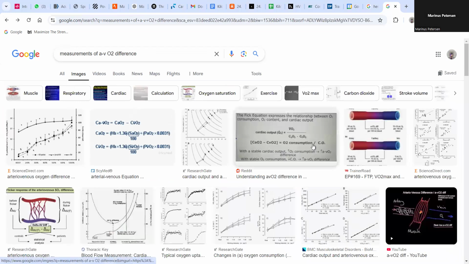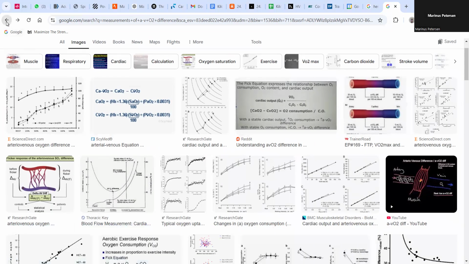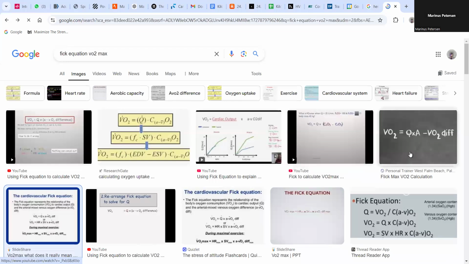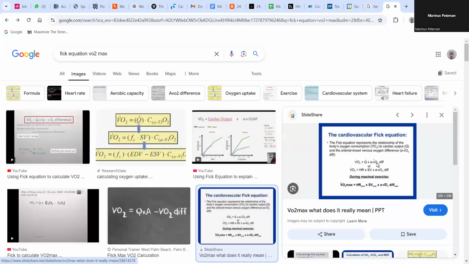So we go back to our Fick equation again. What our low intensity volume does is it works on this AVO2 difference part, the VO2 max. Your heart can be delivering as much, your stroke volume can get as big as you want, but if that blood's being pumped to the muscle and your muscle can't actually take any of that oxygen out and use it, it's not really any use to you.